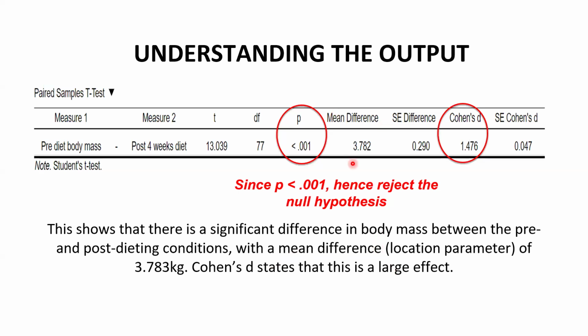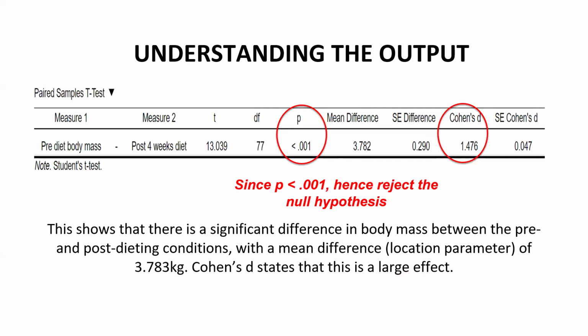We also utilize Cohen's d, which indicates 1.476, which is greater than 0.8. Hence, there is a large effect. We will go back to this later to come up with our complete interpretation or conclusion.